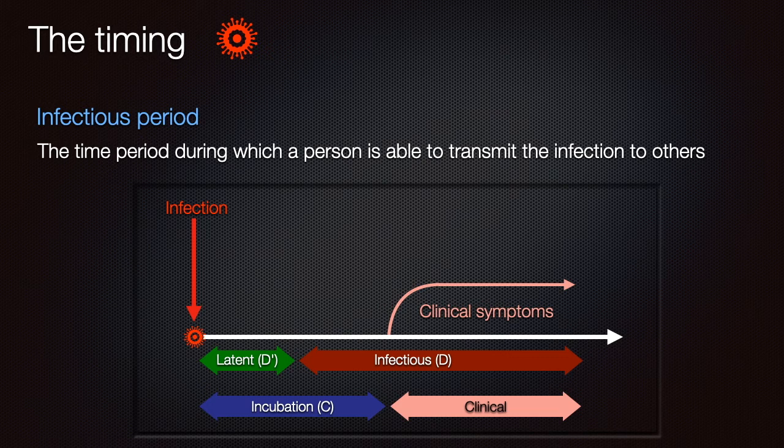These phases are highly dependent on the infection we're talking about. So every different disease will have different incubation, infectious, and latent periods. One of the struggles with novel infections like coronavirus, like SARS-CoV-2, is determining the duration of these phases.